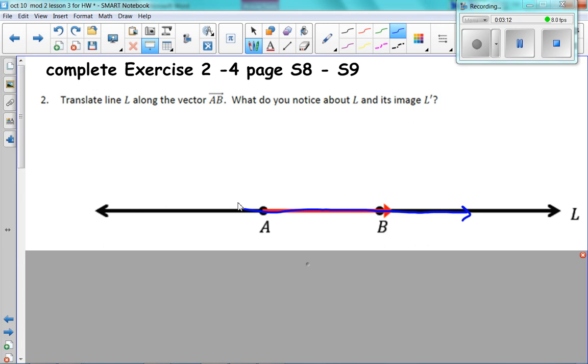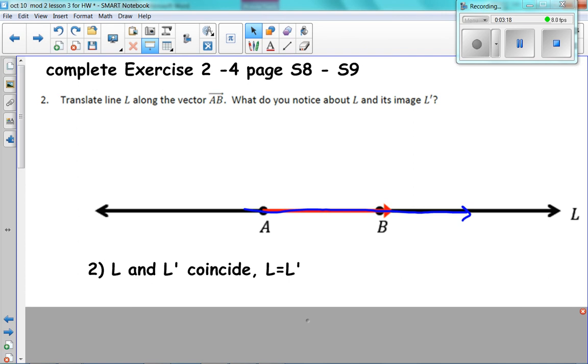So what are we noticing? We should be noticing that L and L prime coincide, so L equals L prime. It's the same line.